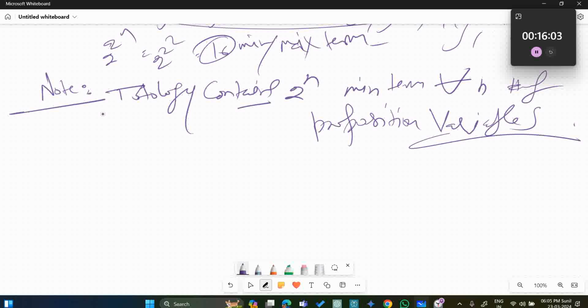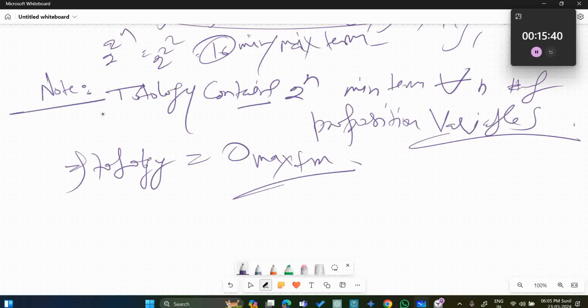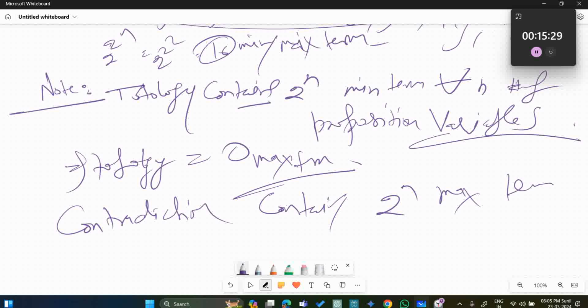So tautology contains 2 to the power n min terms for all n, and 0 max terms. In tautology there is no max term, and contradiction contains 2 to the power n max terms and 0 min terms, right?